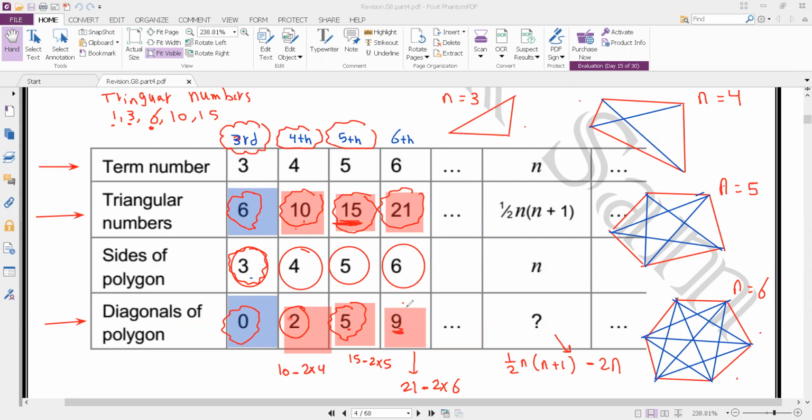That's right. So in general, what is the formula we can use to find the diagonals of a polygon? It's half n multiplied by n plus 1, that's the formula of the triangular number, minus 2 times n.